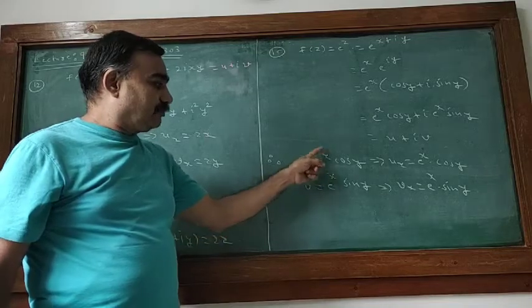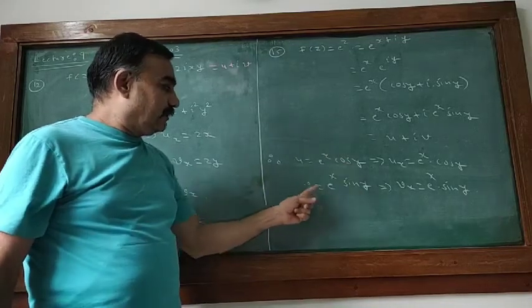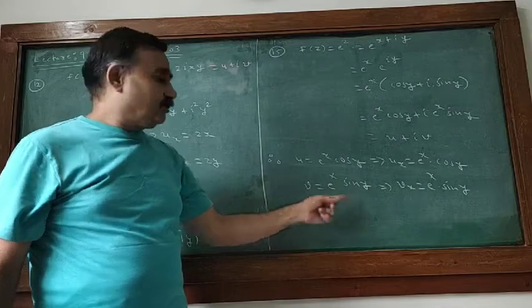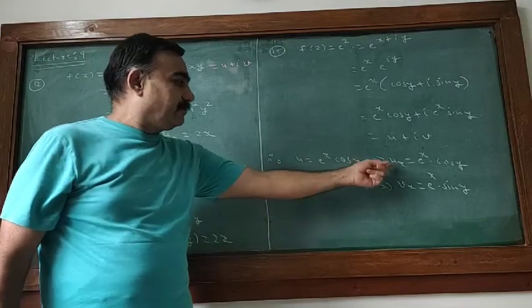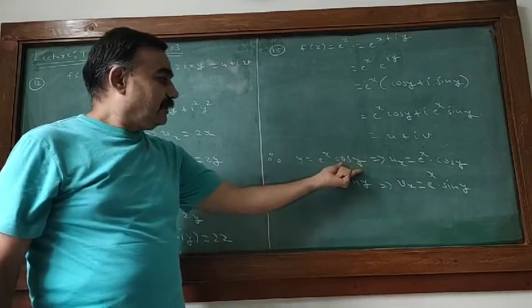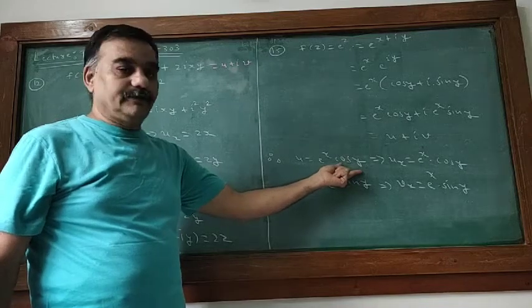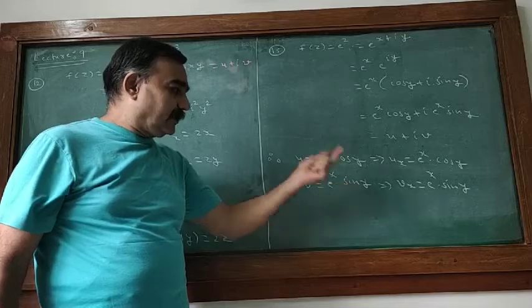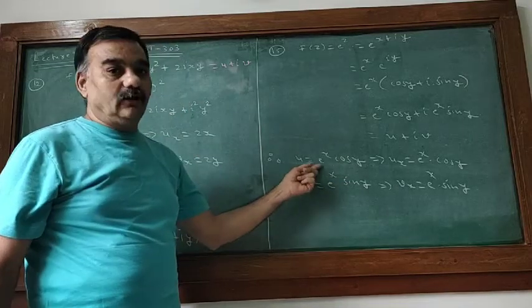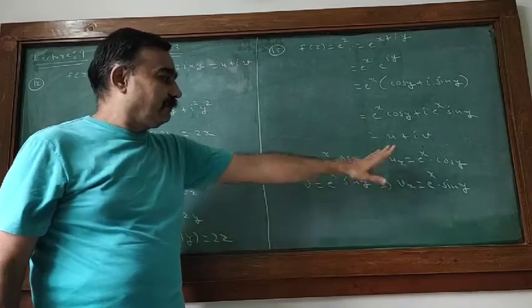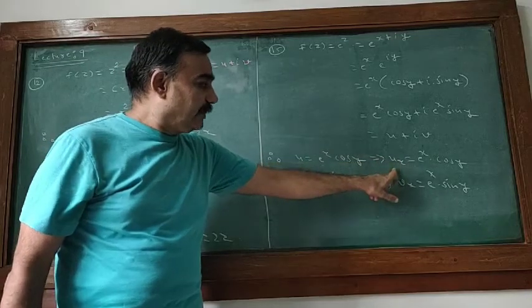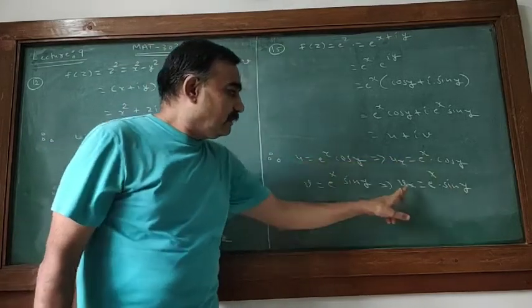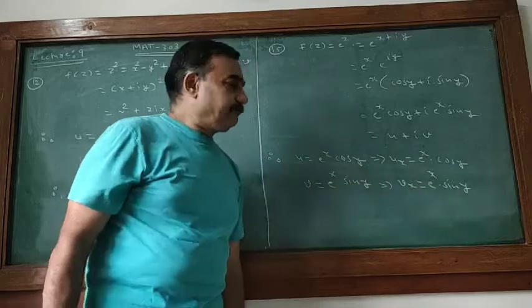If we differentiate u with respect to x, at that time y is constant, therefore cos y is constant, and sin y is constant, and we know that differentiation of e raised to x is e raised to x, and therefore we have the same answer, u_x equal to e raised to x cos y, v_x equal to e raised to x sin y.